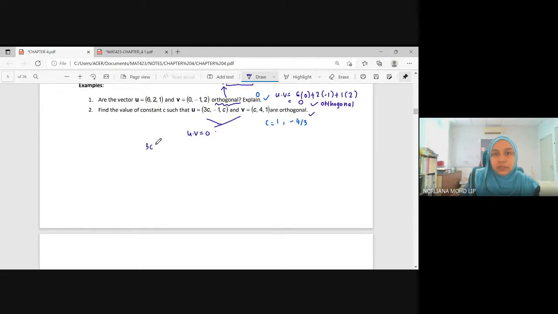So 3C times C plus -1 times 4 plus C times 1 is equal to 0. So 3C square minus 4 plus C. So you have to find value for C lah. This is quadratic equation. 3C square plus C minus 4 is equal to 0.